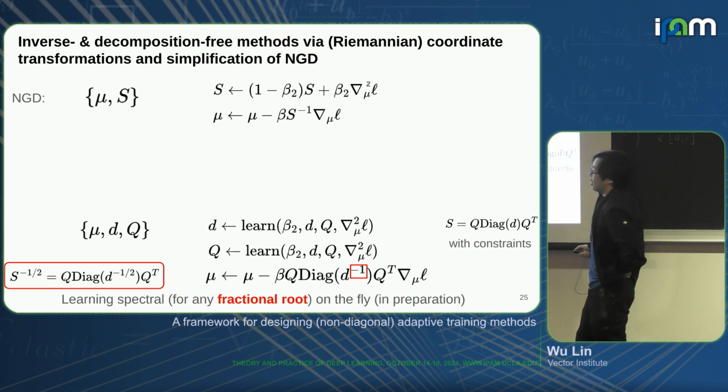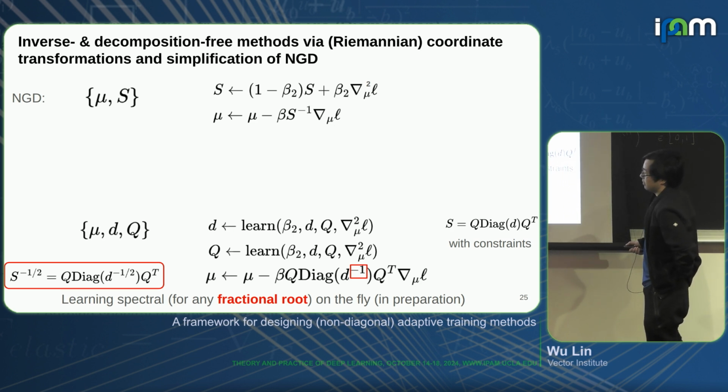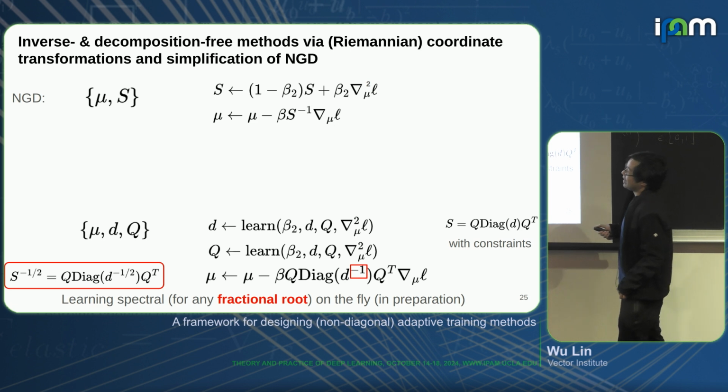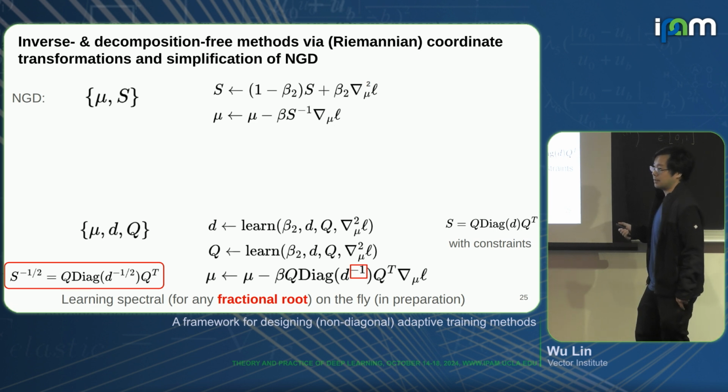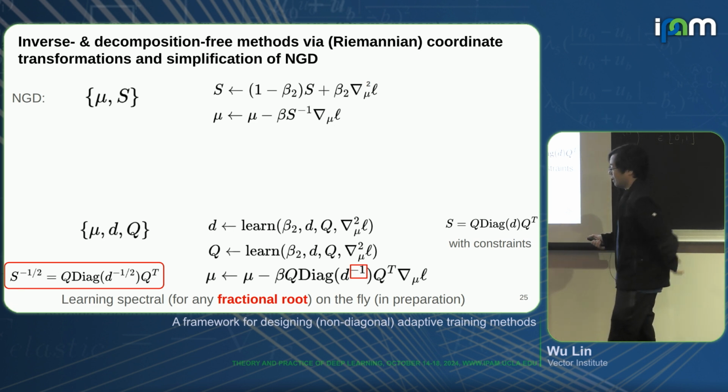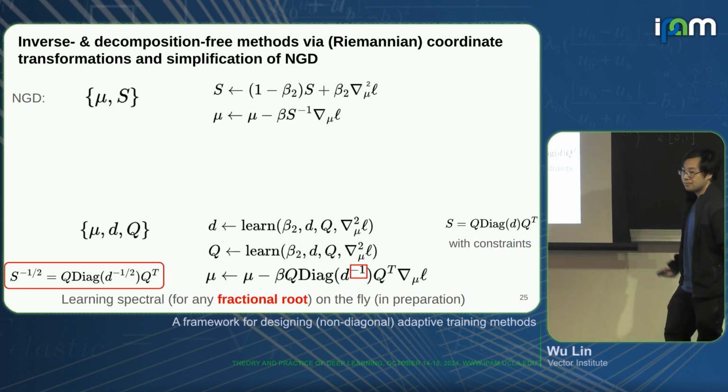So this is how we introduce the fractional root without doing matrix decomposition. The key idea is that existing methods first update S and then do eigen decompositions or matrix factorizations. But we directly maintain the factorizations and learn these factors on the fly. So this is the main idea, how we can get rid of matrix decomposition.